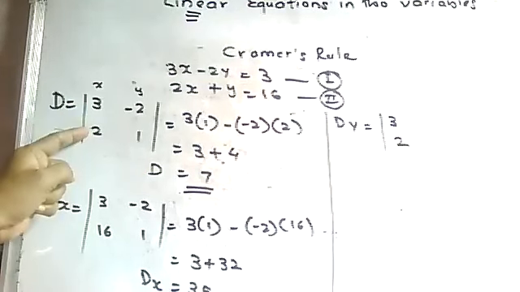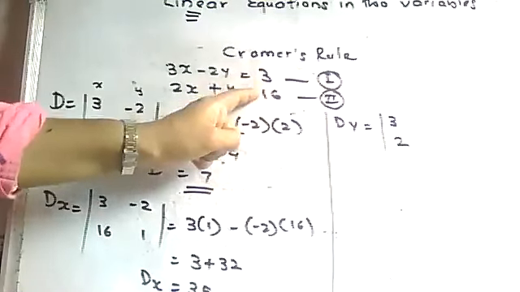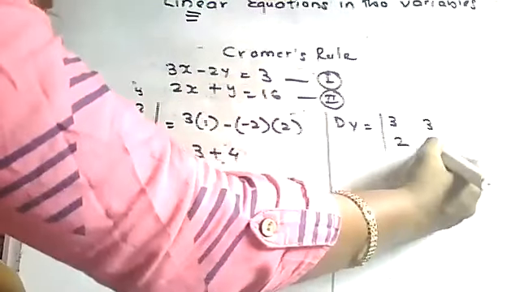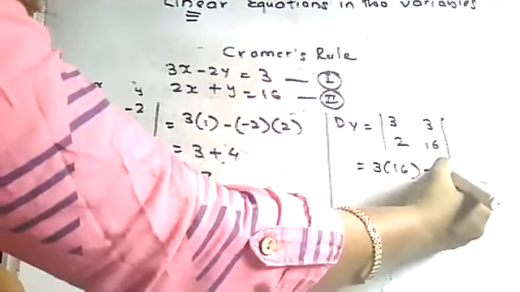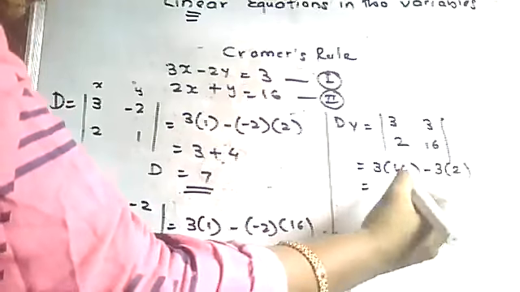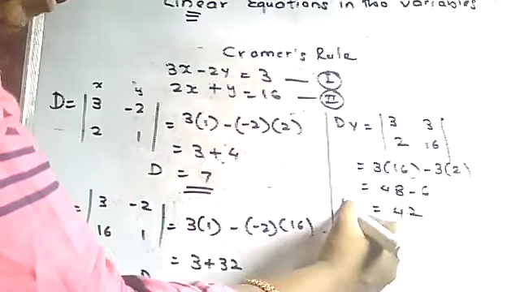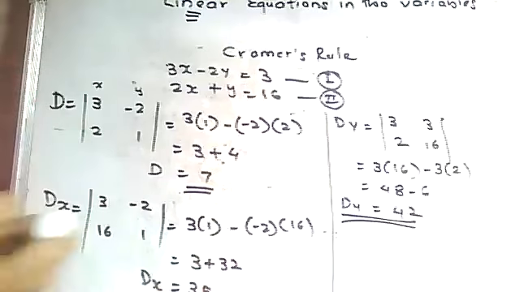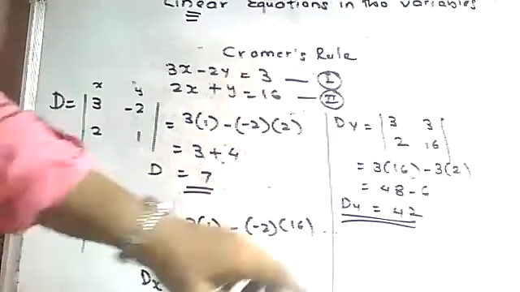X is written as it is, and in place of the y variables I'm going to write 3 and 16 and solve. 3 into 16 minus 3 into 2, 16 threes are 48 minus 6, and you are getting 42 as dy. Okay, we have got d, we have got dx, we have got dy.